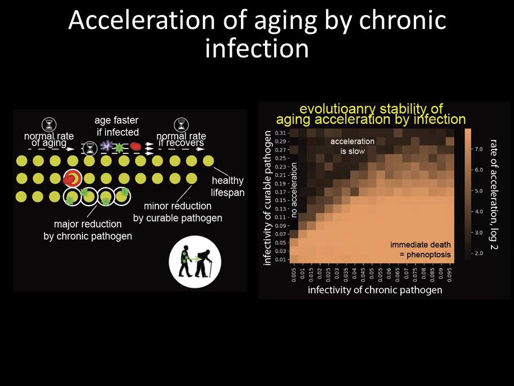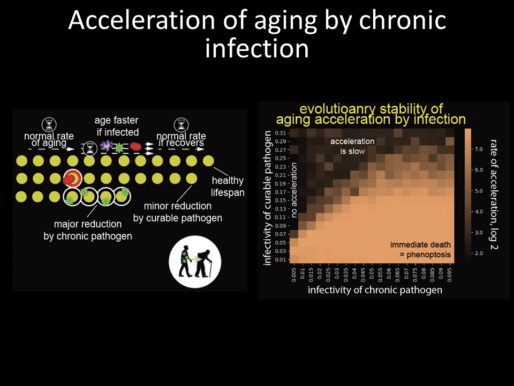And yet another point. Another epidemiological property that can help the immune system to discriminate between chronic and curable is the length of the disease. So if I'm sick for 10 years, then it's probably something chronic, and it's a good idea to commit suicide. So we tried if the immune system can inform our suicidal strategy and accelerate aging in response to infection.